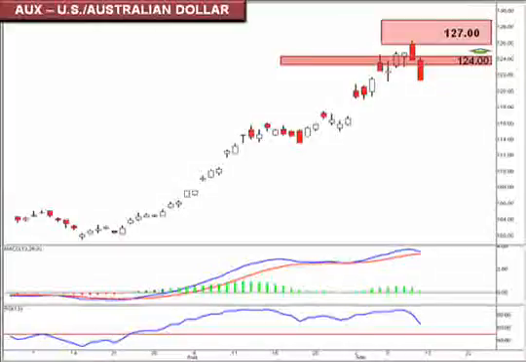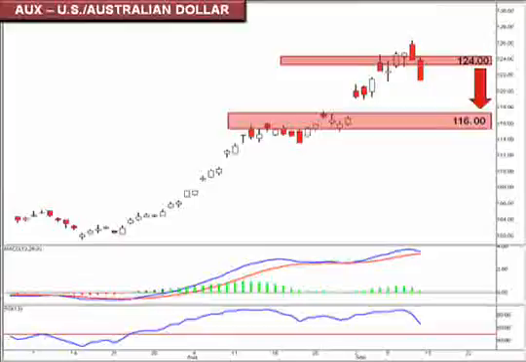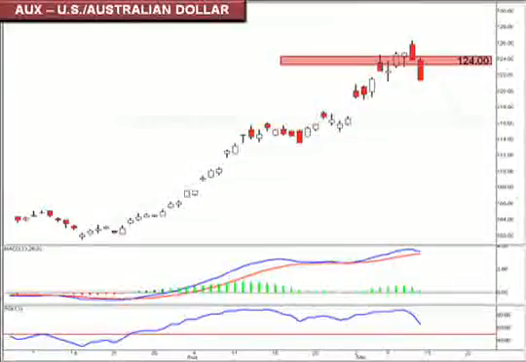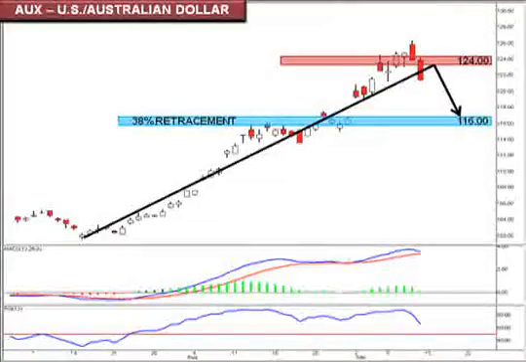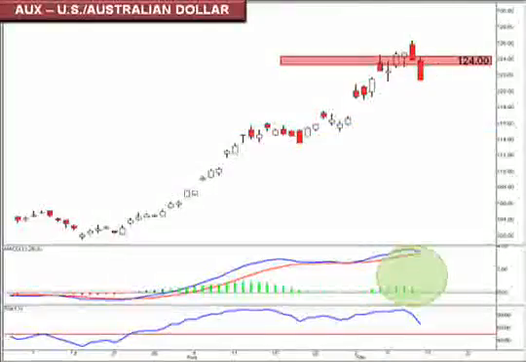With that in mind, we have to consider the possibility now of a continuation to the downside into that 116 focal zone where prices broke out of on our second leg of our uptrend. What's interesting to note as well is that this area also represents a 38% retracement on the bigger picture price move, and if we have a look at our MACD, we can see that it appears our current uptrend is starting to lose steam.